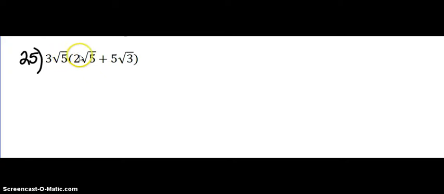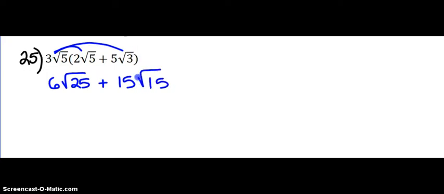In number 25, we need to apply the distributive property. 3 root 5 times 2 root 5, so 3 times 2 is 6. Root 5 times root 5 is root 25. Now I'm going to take this 3 root 5 to the second term. 3 times 5 is 15. Root 5 times root 3 is root 15. Now this root 25 is actually a perfect square, right? The square root of 25 is 5.